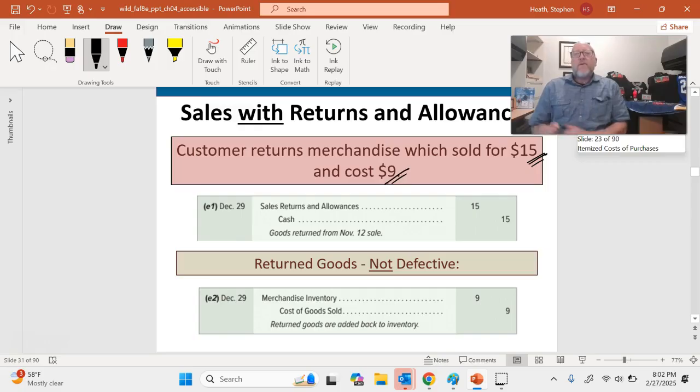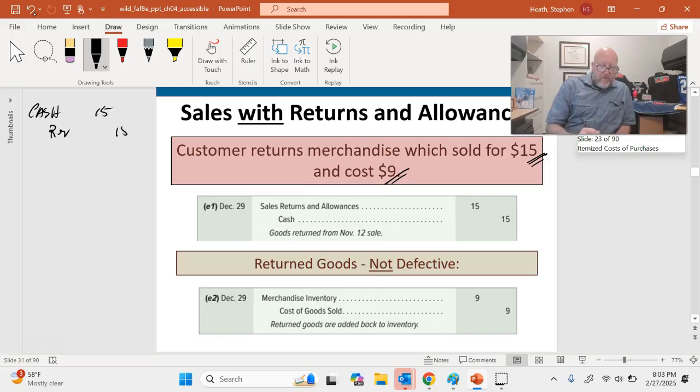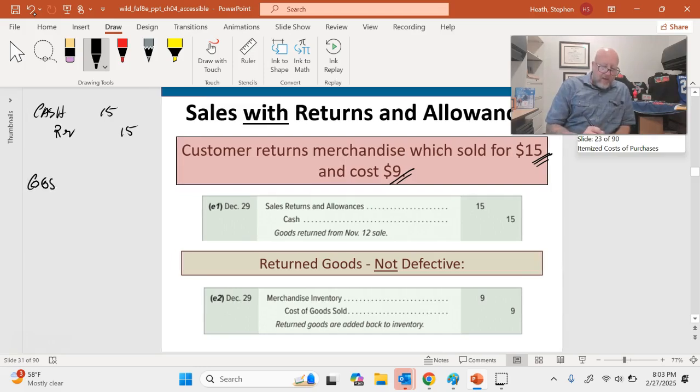Okay. And so we're essentially at the time of sale. In fact, I could even write it right here. We're assuming cash. So I debited cash of 15 and then credited revenue of 15. And then I recognized cost of goods sold 9 and then inventory 9.